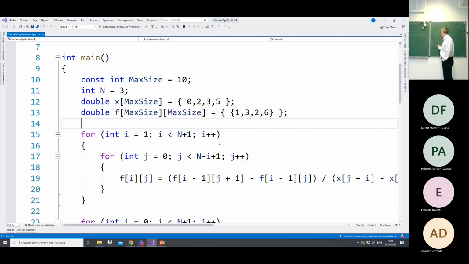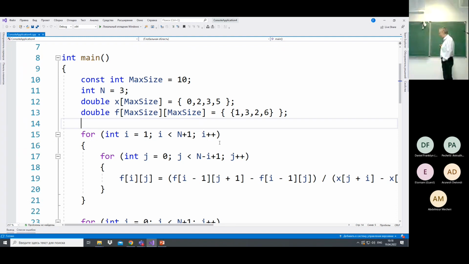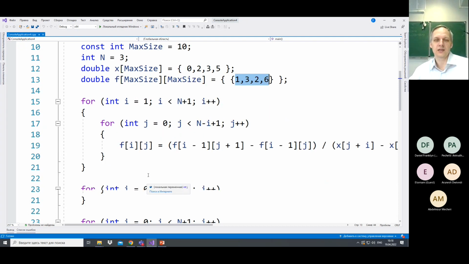The next row will be second divided differences. So I should declare a two-dimensional array to store the table of divided differences. And the first row of this table will have the same values as the values of the function, 1, 3, 2, and 6.